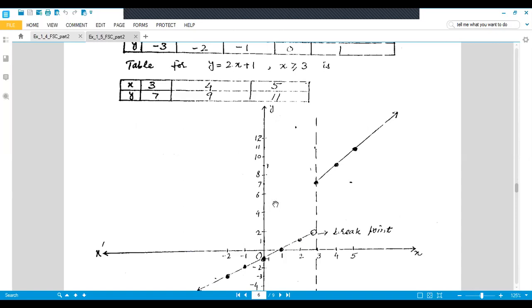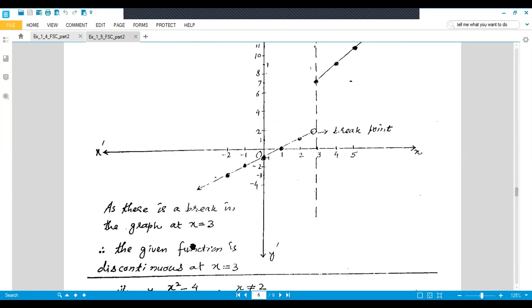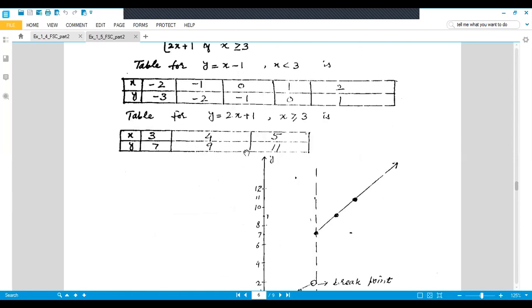For the first equation you have to draw. When x is equal to minus 2, y is equal to minus 3. This. When x is equal to minus 1, y is equal to minus 2.